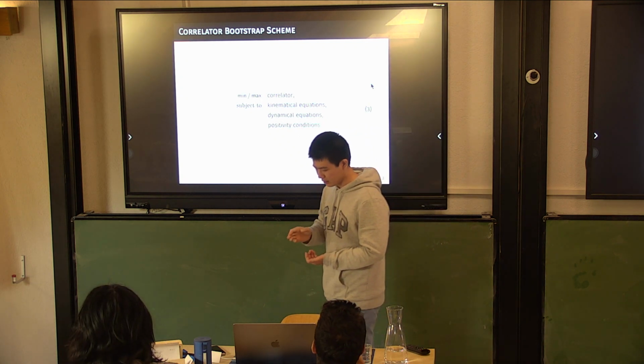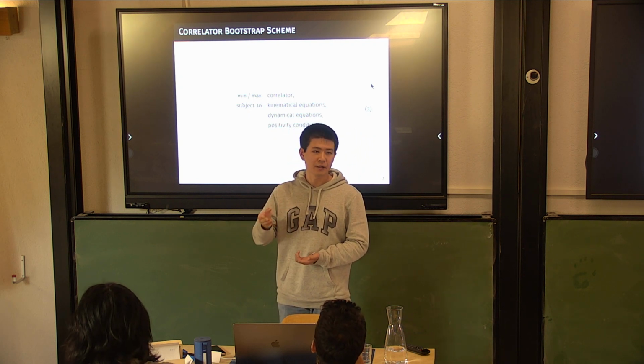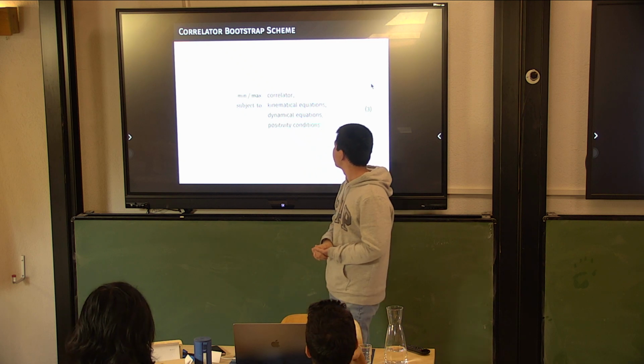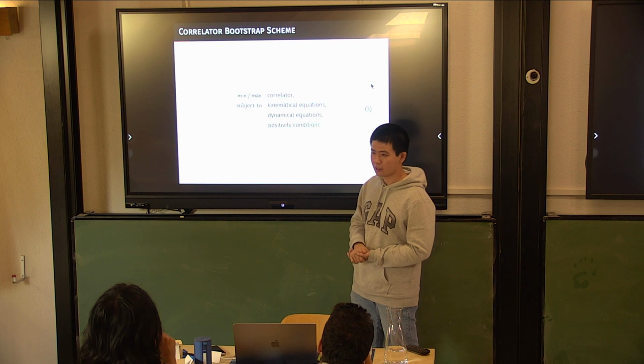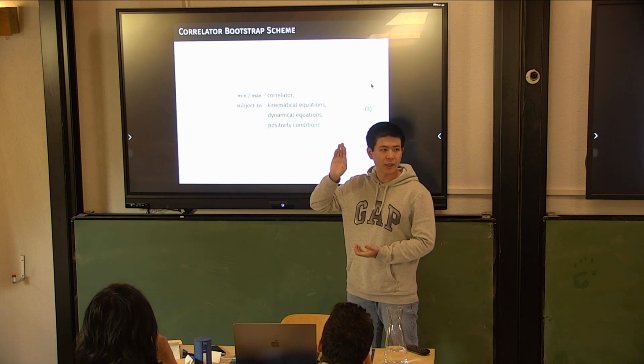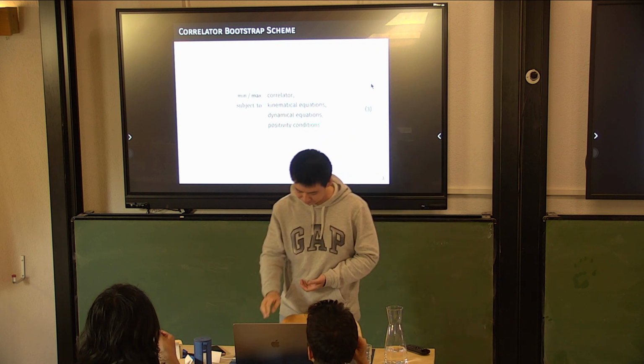Here we are minimizing or maximizing some correlator, because a correlator is basically our physics observable, subject to the kinematical equations, dynamical equations, and the positivity conditions. The dynamical equations are usually the Schwinger-Dyson equations or some quantum equation of motion.